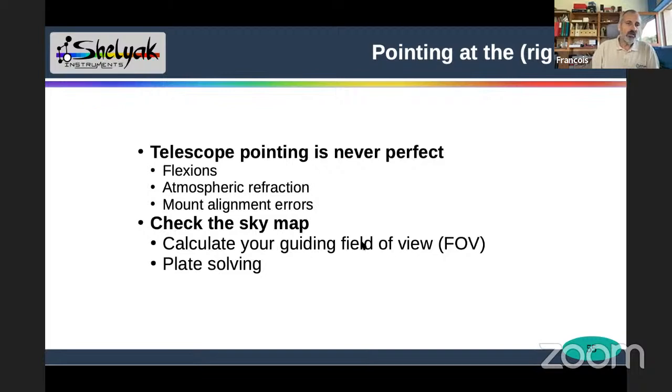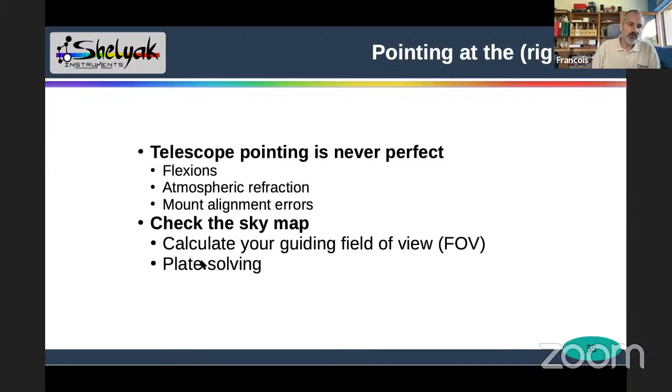And by the way, it's important to check on the sky map that you recognize the pattern. You are putting the right star in the field of view, and you have to calculate your guiding field of view to put that on the sky map and recognize the pattern of stars. When you are used to it, it's quite easy, but at the beginning, I know it can be frightening.